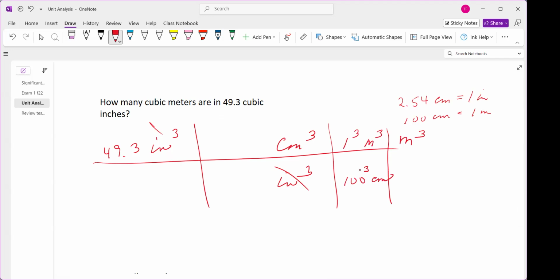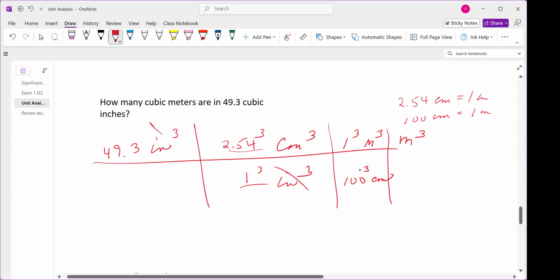Now we have to find what these numbers are here before we can go any further. Yeah, 2.54 centimeters per inch. And then we have 100.